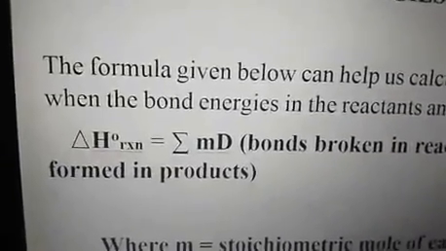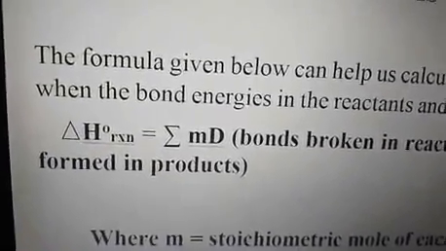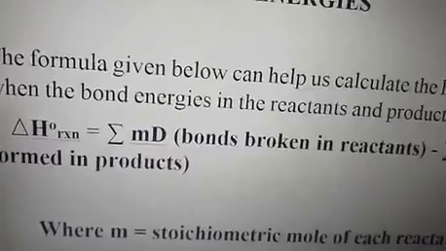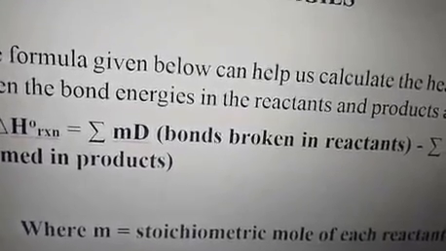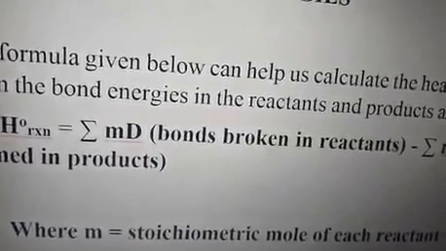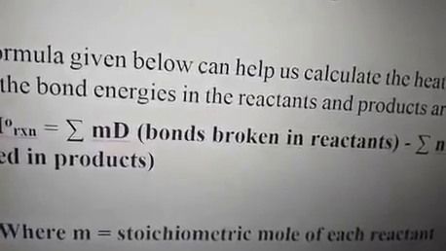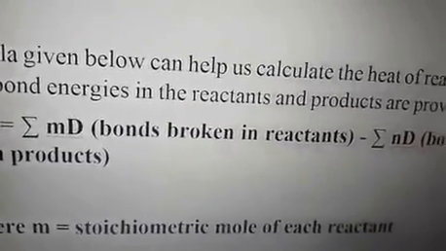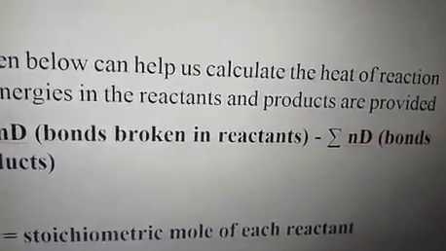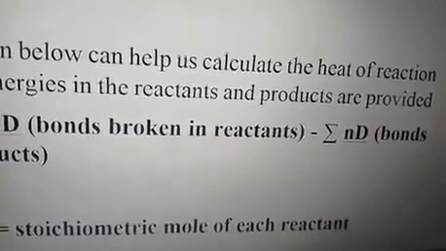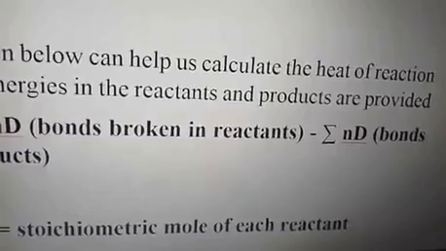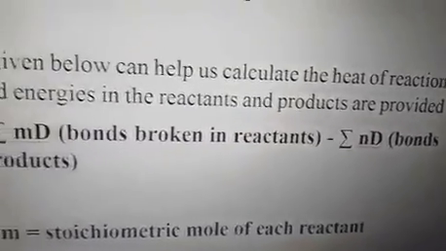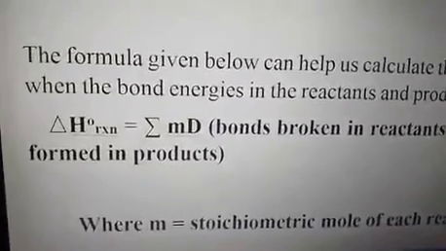The heat of reaction at standard state, delta H, is the summation of m, the stoichiometric number of moles, times D, the bond energy of bonds broken in reactants, minus the summation of n, the stoichiometric number of moles as they appear in the balanced equation, times D, the bond energy of bonds formed in the products.